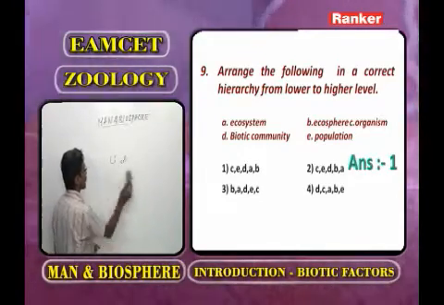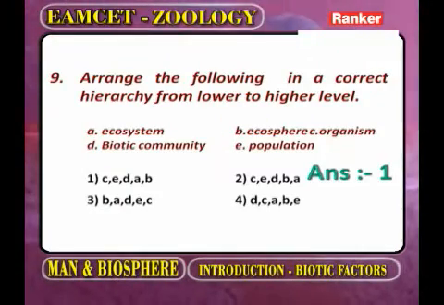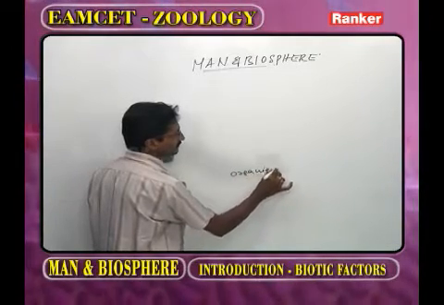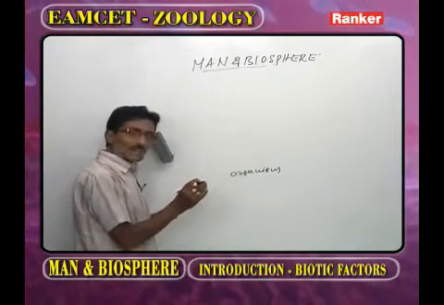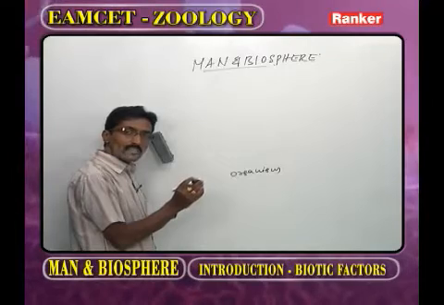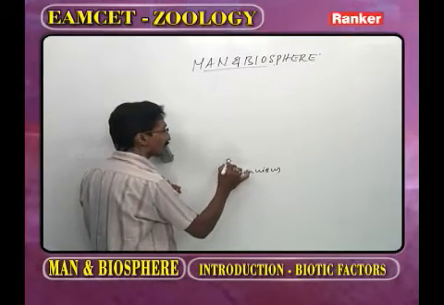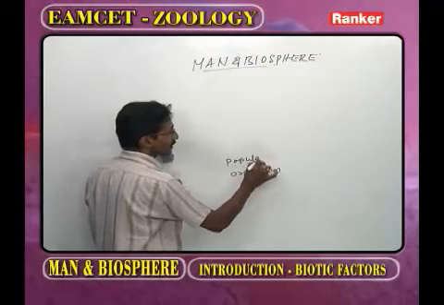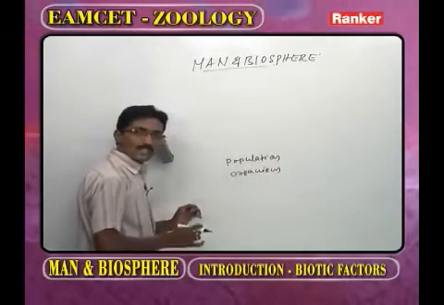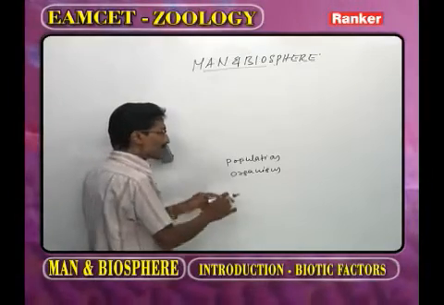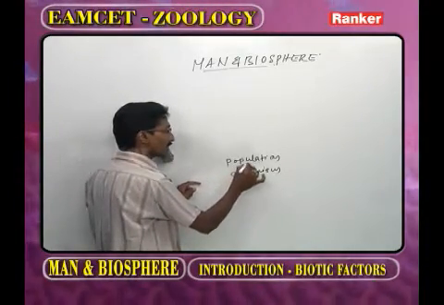Now this question is related to the introductory part of Man and Biosphere. This one we call the organism. A group of organisms belonging to one species, the species is in the form of population.